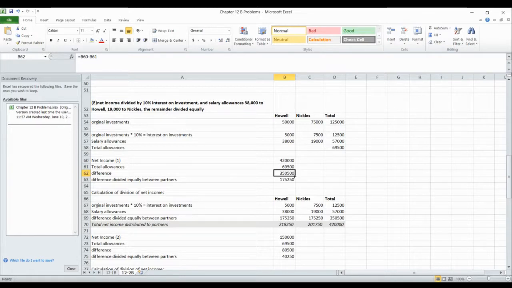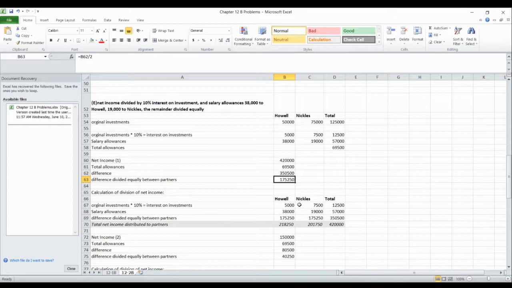So the difference between $420,000 and $69,500 is $350,500. I'm going to divide that equally as it told us in the problem. As there are two partners, I would divide it by 2, and that would give me $175,250 that would go to each partner.